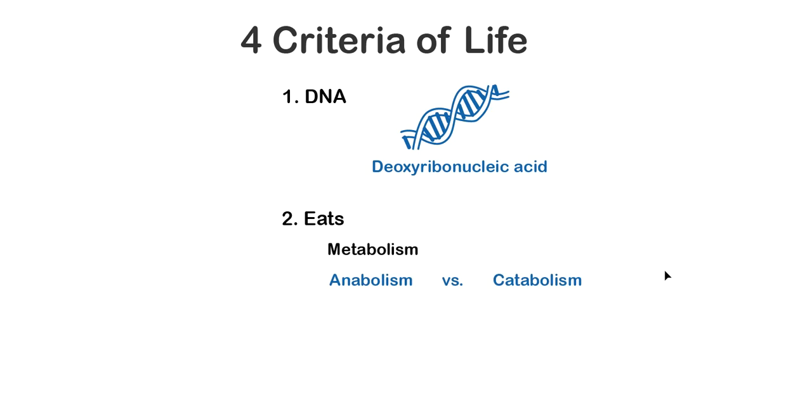How it does this is broken down further into 2 different processes, anabolism and catabolism. Let's talk about catabolism first. Catabolism is the sum of all processes in an organism which break down chemicals to produce energy and simple chemical building blocks. So when you eat, you bring in the food.